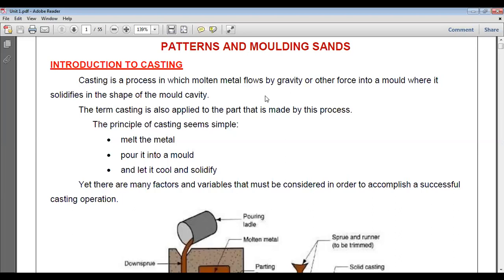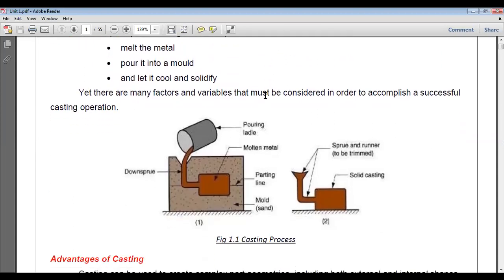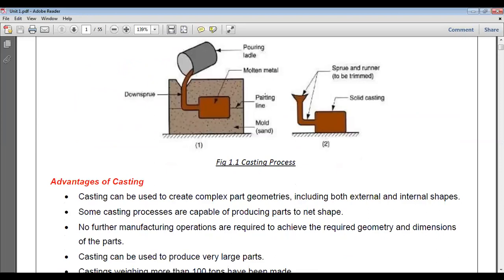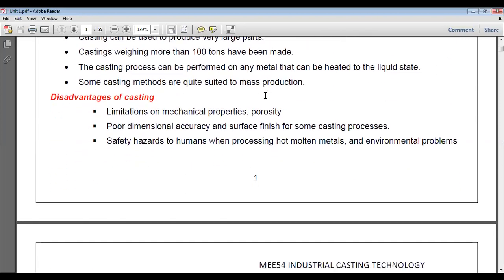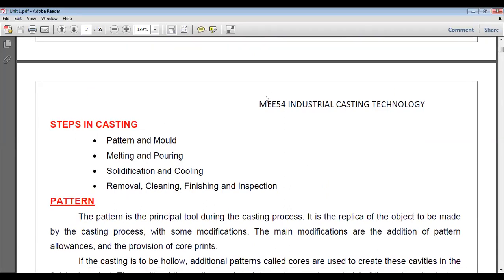First we create a mold, then we melt the metal into liquid form, pour the metal into the mold, and let it solidify. Once it is solidified, we open or break the mold, and this way we take out the casting. The advantages and disadvantages of casting and all these steps we have already discussed.